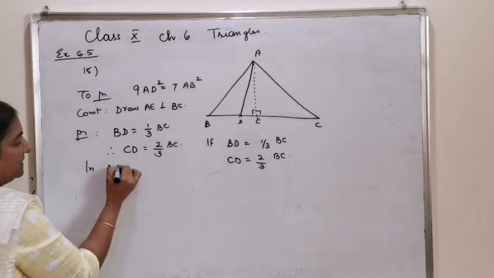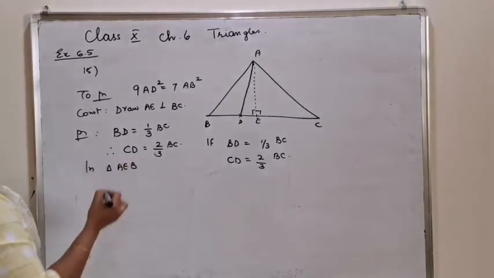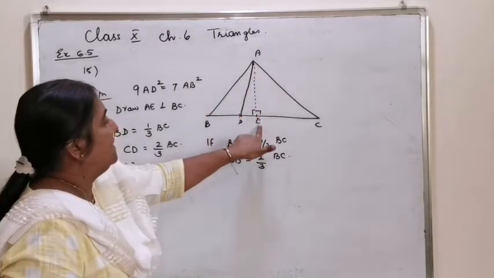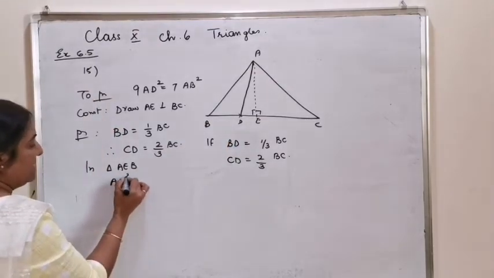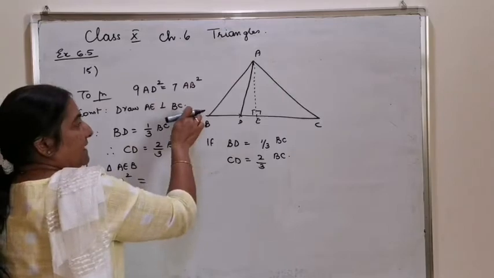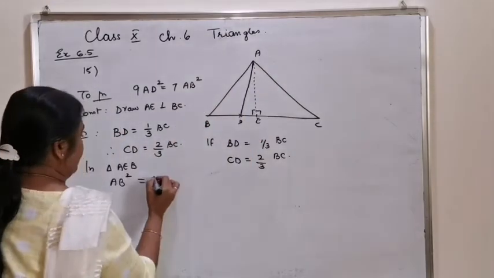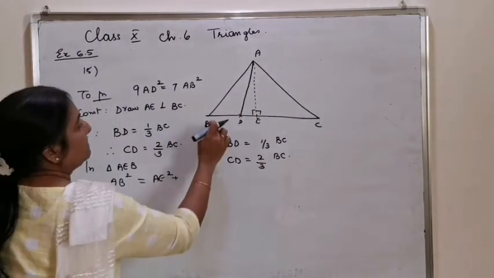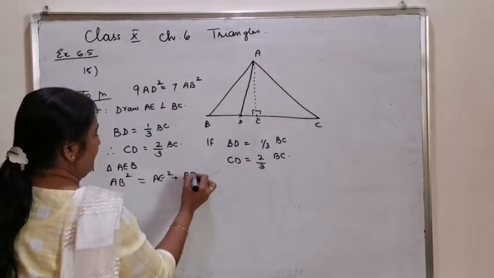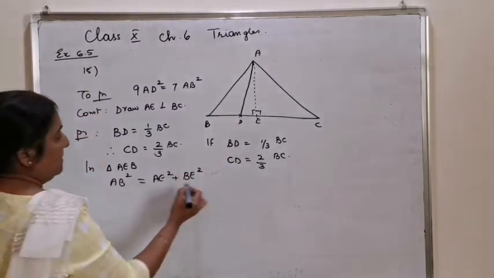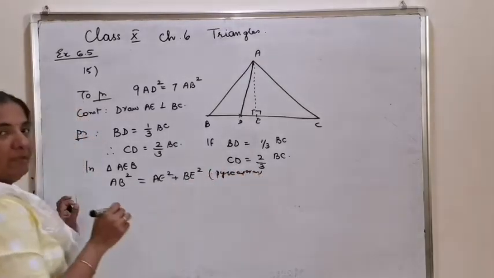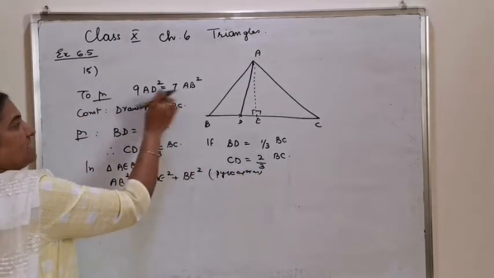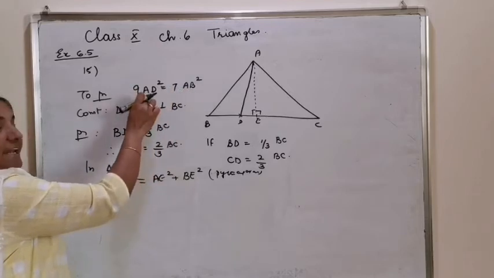In right triangle AEB, by Pythagoras theorem, AB square can be written as AE square plus BE square by Pythagoras theorem. Now, in the question, we need AD square.